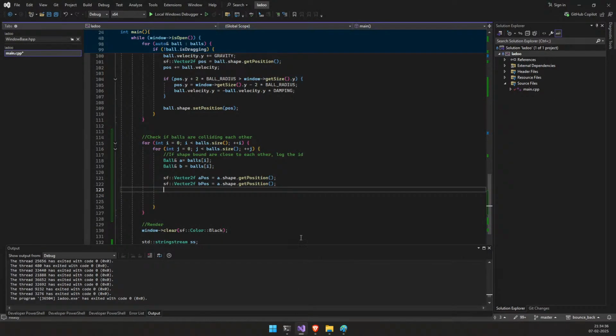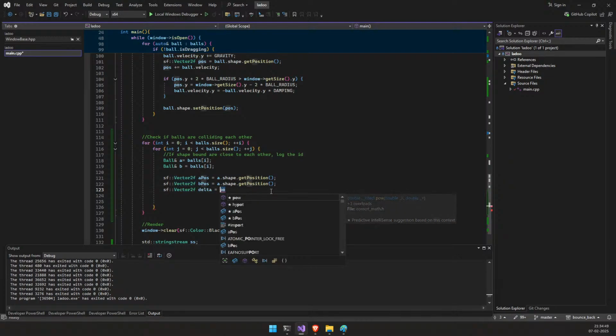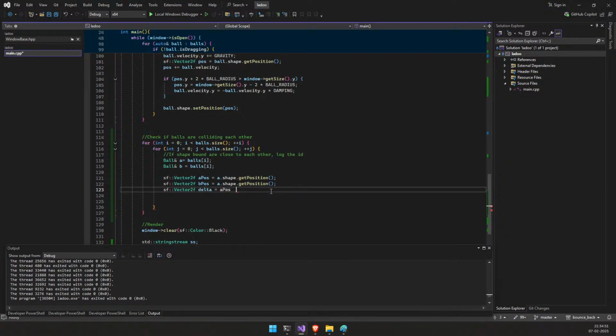First, we need to have a vector. You have this big float that is A position minus maybe B position minus A position.